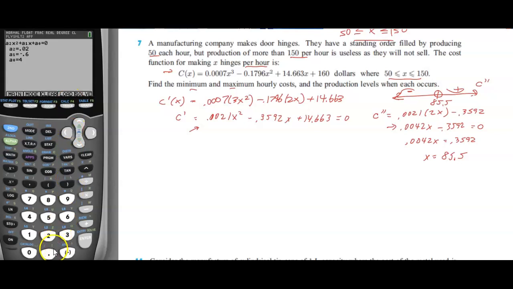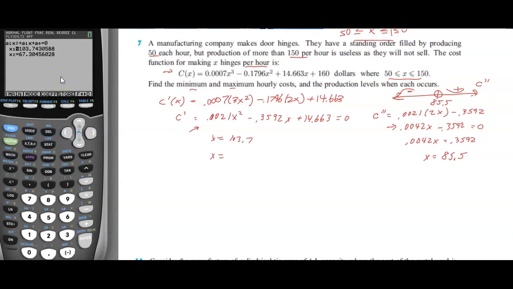We put in 0.0021 for the a value, negative 0.3592 for the b value, and 14.663 for the c value, and we solve it. Let's change it to decimal by pressing this button. So one of the values is x equals 103.7.